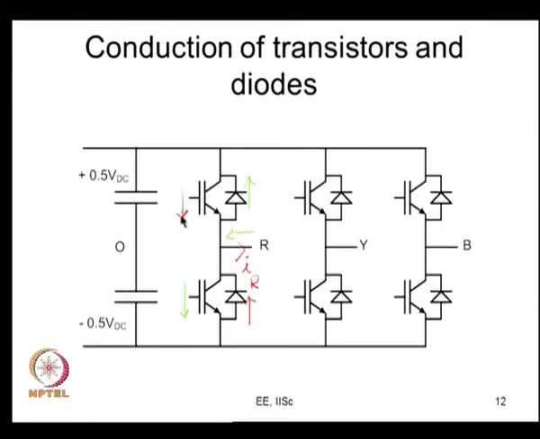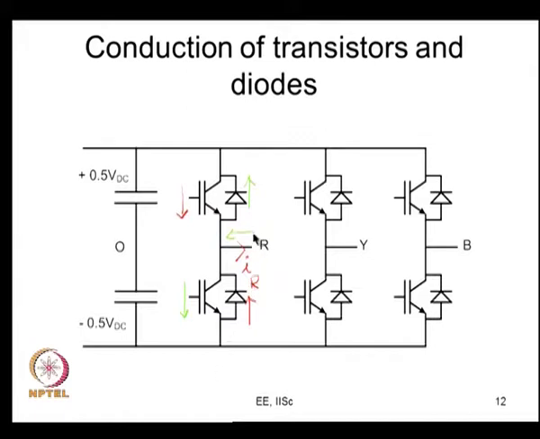So, if the top transistor has been gated high and the current direction is this, then this conducts. For the same direction of current, if the top transistor is gated low and the bottom transistor is gated high, then this cannot conduct, this bottom diode conducts.